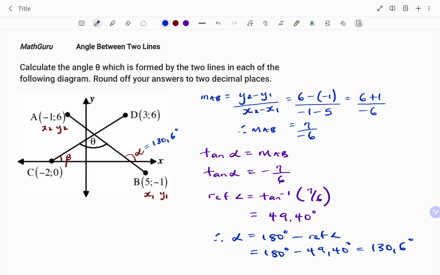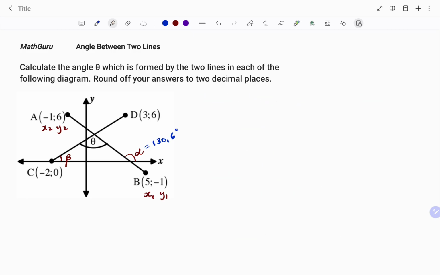So alpha in this case is equal to 130.6 degrees. I'm going to do the same for beta, but beta in this case is an acute angle, so I don't need to find a reference angle. Going through the process again by finding the gradient of the line CD, I have m_CD equals the change in y divided by the change in x.